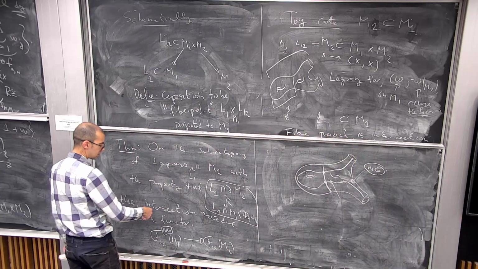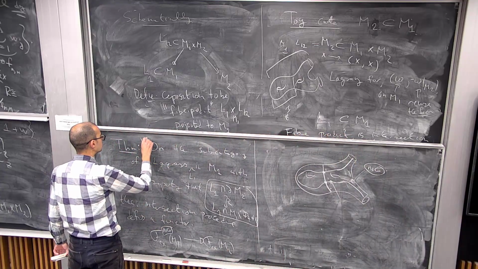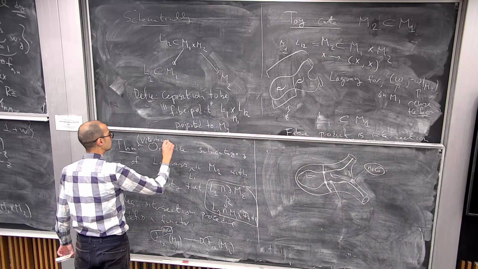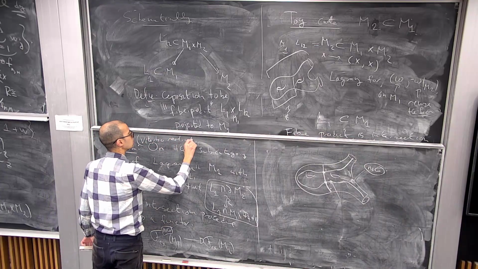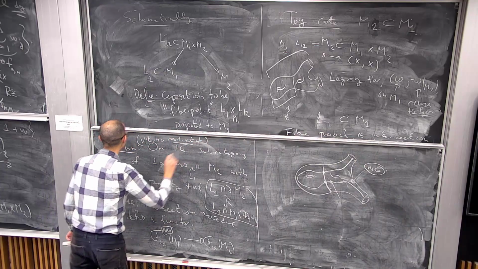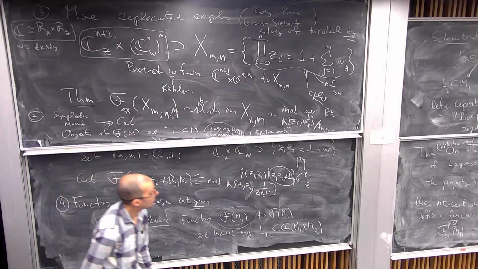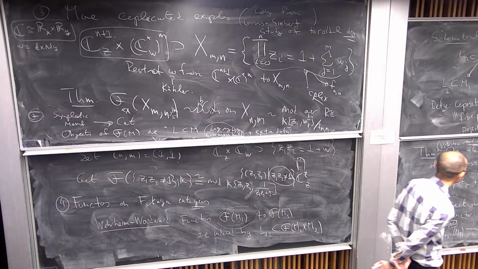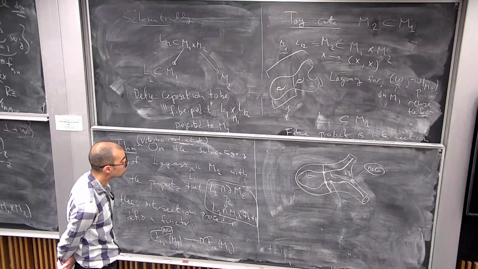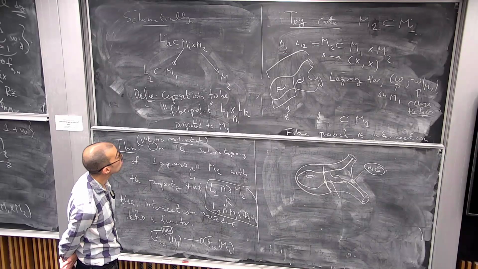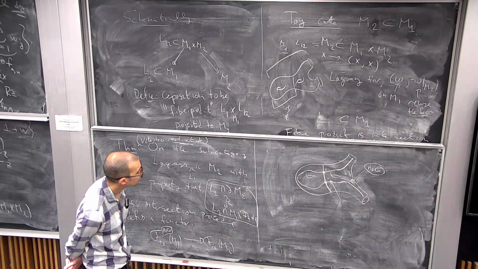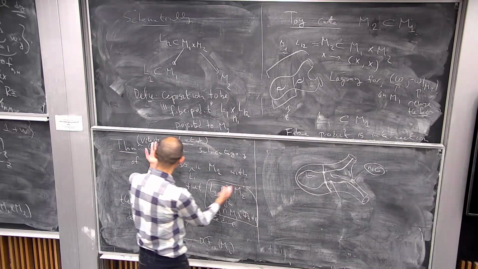This kind of functor is called the Viterbo restriction functor. It was essentially our first tool for defining functors on Fukaya categories. Now, in order for that to be useful, you need to be able to produce such inclusions that are nice enough, where the Fukaya categories are not going to be 0.